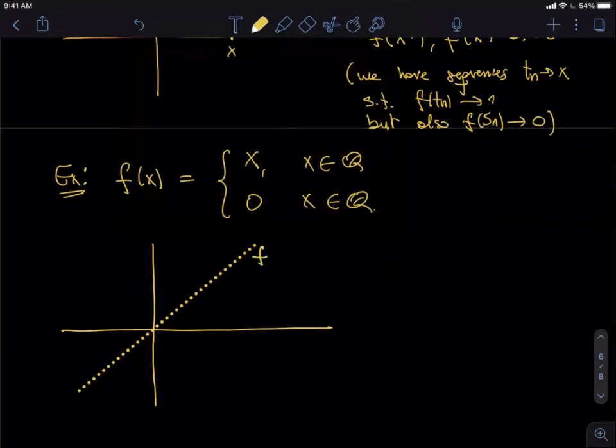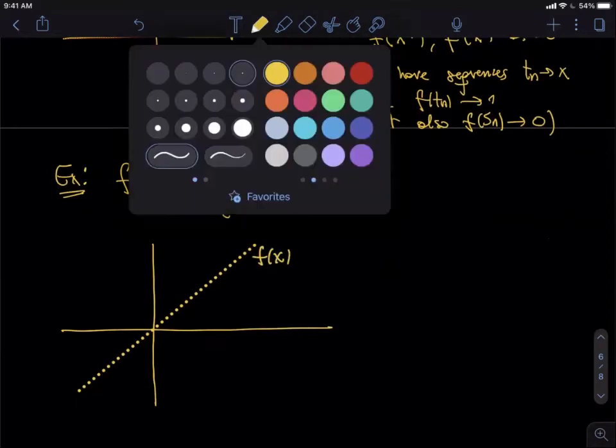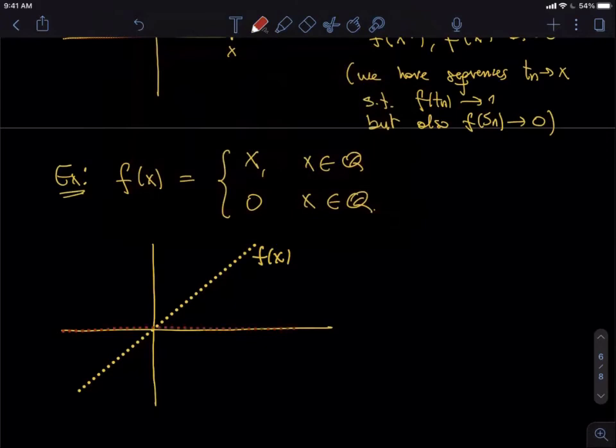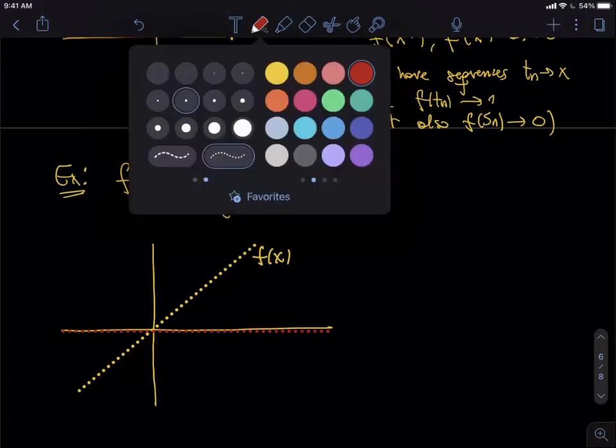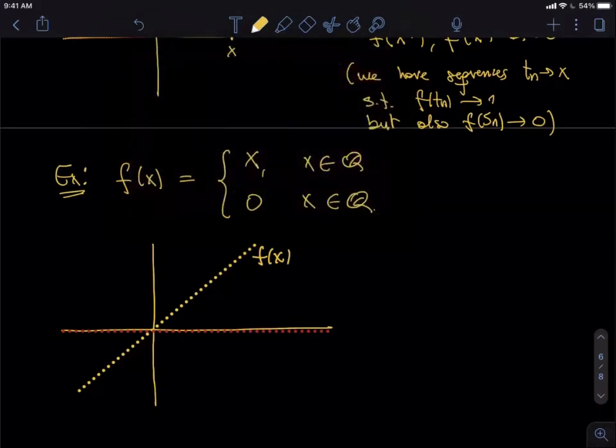Okay, but it will also be looking, let's plot it with a different color, also like f of x equals 0. Okay, this happens because, again, the rationals are dense on R and also the irrationals.